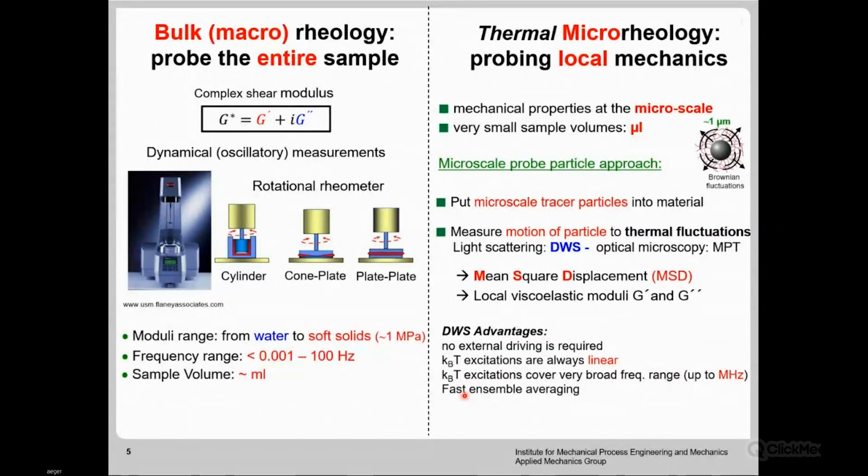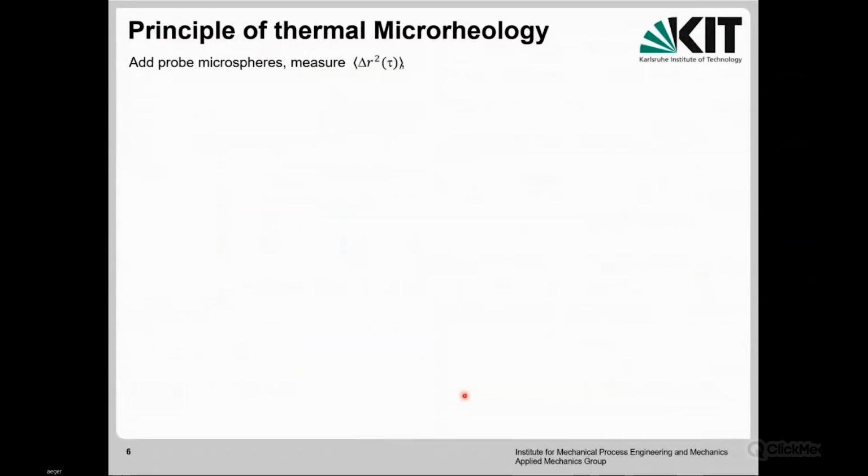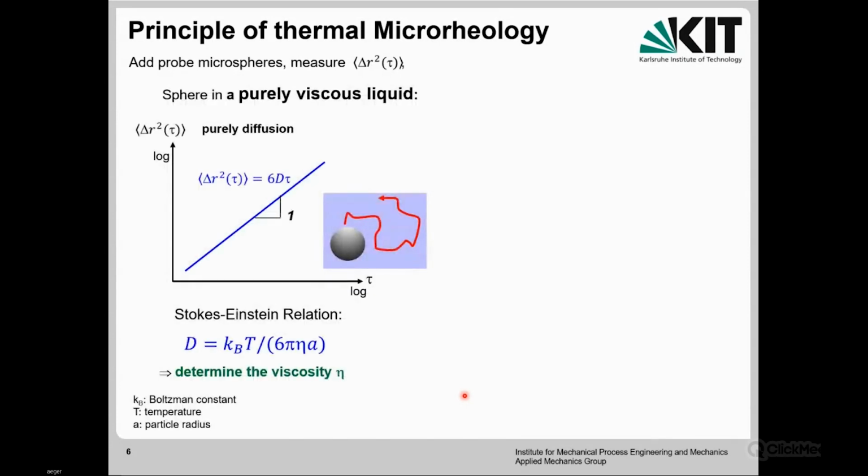On the next slide, I will consider two cases. The first case is when your tracer particle is added in a purely viscous liquid, like water, for instance. In that case, you have pure diffusion. If you monitor the mean square displacement, it behaves with a linear dependence as a function of lag time.